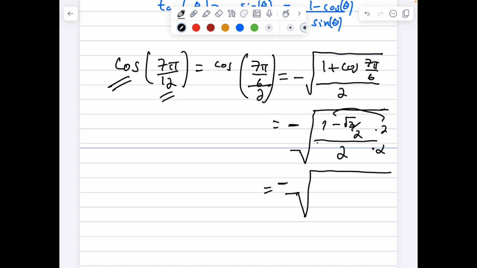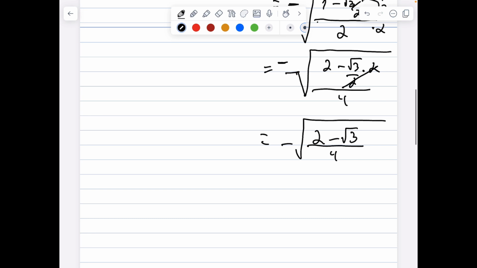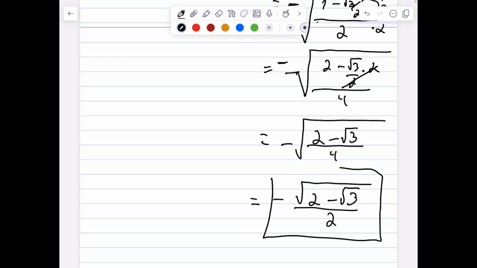And what I would do is distribute the 2, so you get 2 minus root 3 over 2 times 2, all over 2 times 2, 4. You get minus 2 and then these 2's cancel, you get 2 minus square root of 3 over 4. But the square root of 4 is 2, so I can take that out. And this is what you get, okay? And that is your answer to the problem, in a more simplified form.